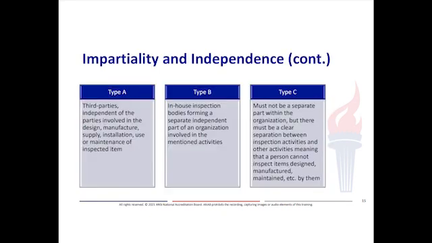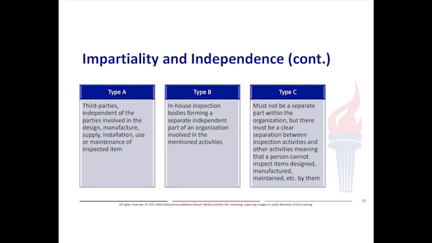Type A is where the inspection body is a true third party. They're independent in all ways from the organizations that they're inspecting products for. This is the most common type of inspection body that we see, is a true third party. Okay.